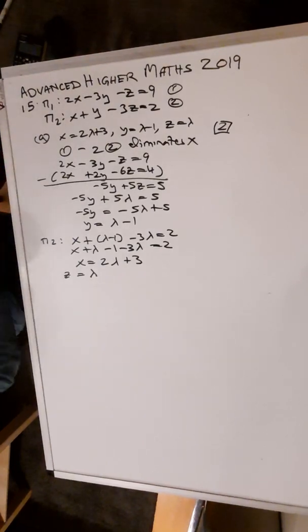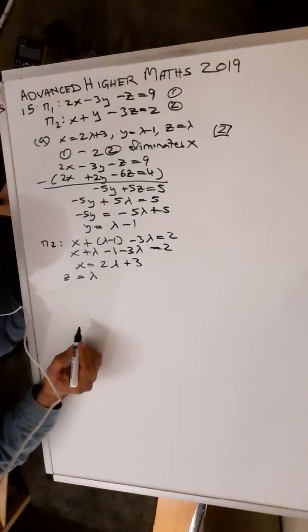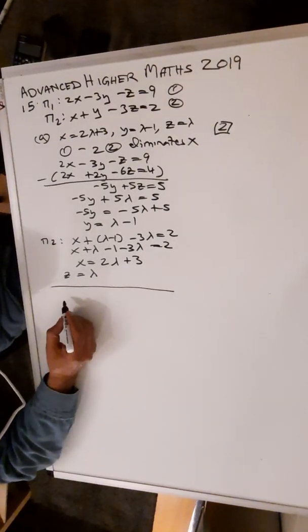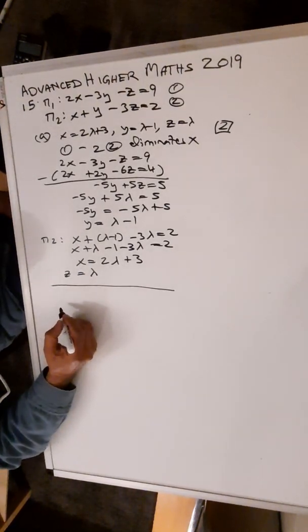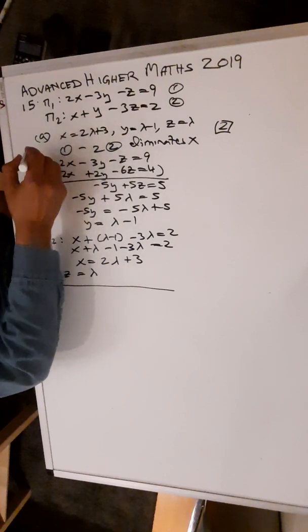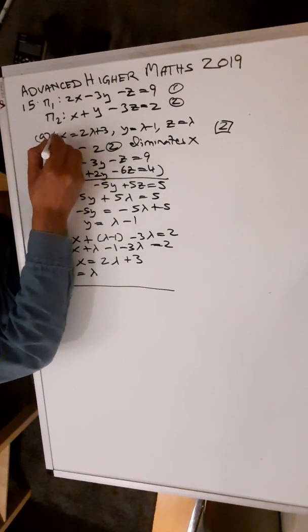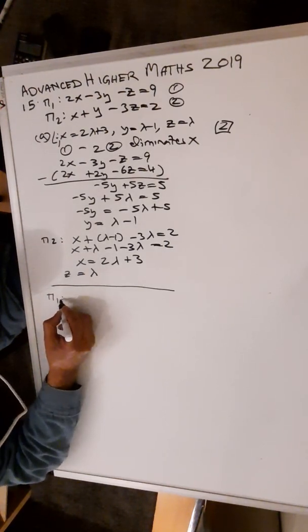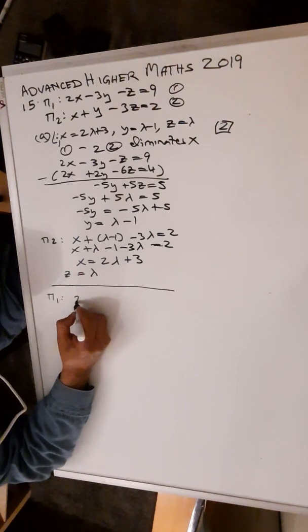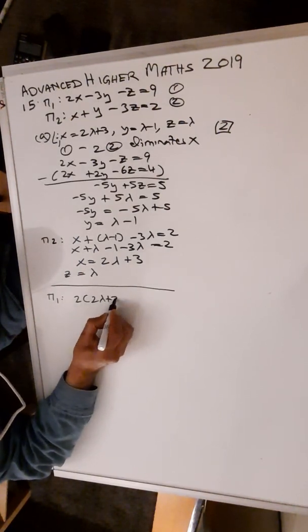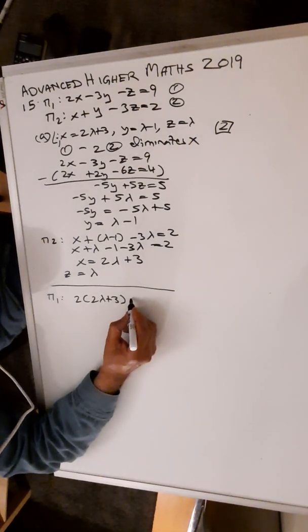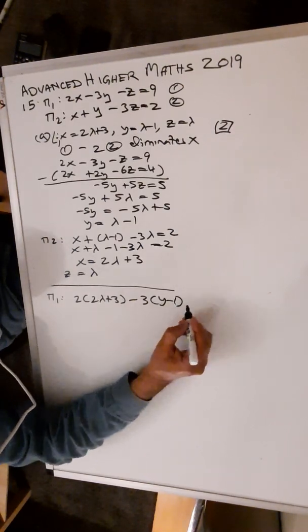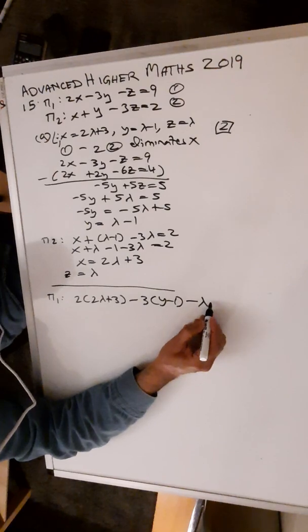That's that. Now you could have also just substituted these parametric equations into pi 1 and pi 2 to prove that L1 is the line of intersection of pi 1 and pi 2. If you put into pi 1, x, which is 2 times 2 lambda plus 3, plus 3 times y, which is lambda minus 1, and minus z, z is your floating variable lambda.